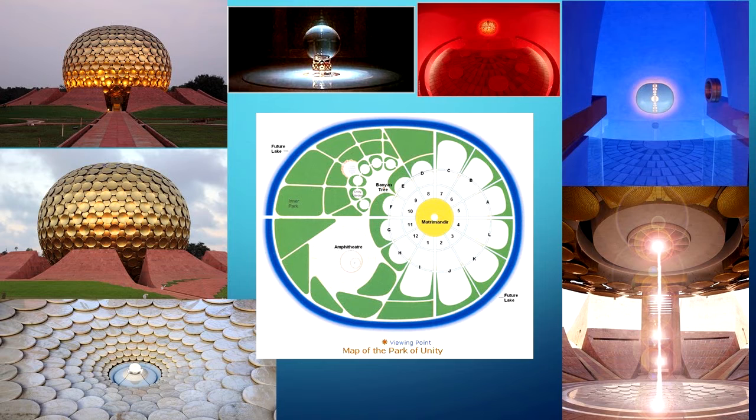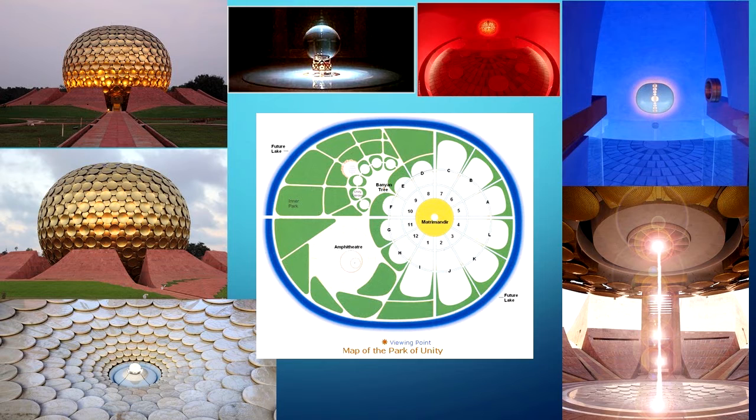And we have this white 1,000 petals lotus at the bottom, which is the purified subconscious or inconscient being, totally purified, manifesting the divine. So this is the symbol of total purification of our existence.